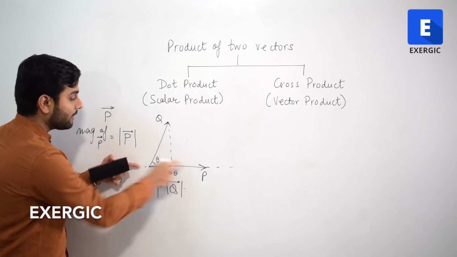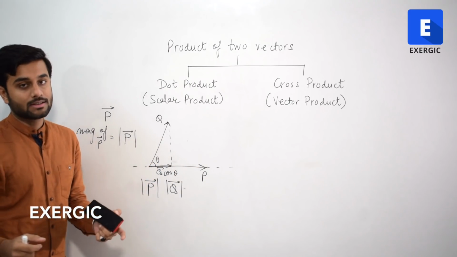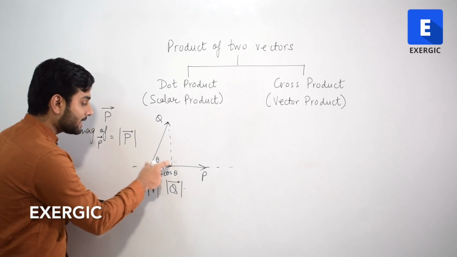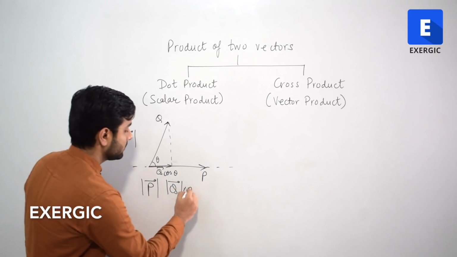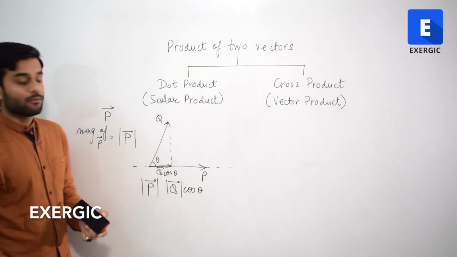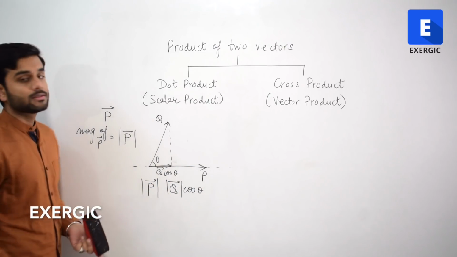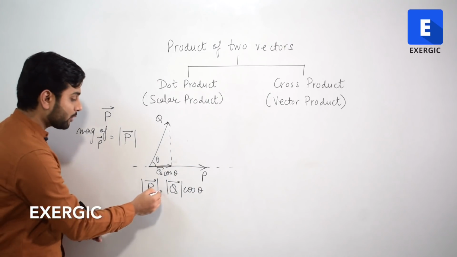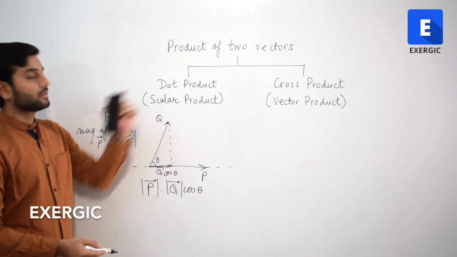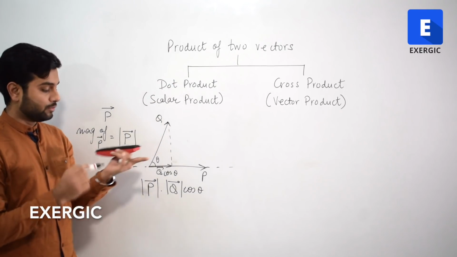Now, p you have and q cos theta you have in this direction. What will be the magnitude of p? The magnitude of p. This product is called the dot product of two vectors p and q.